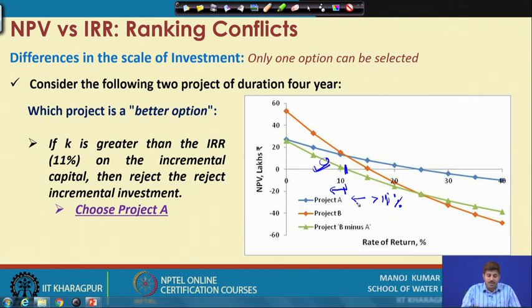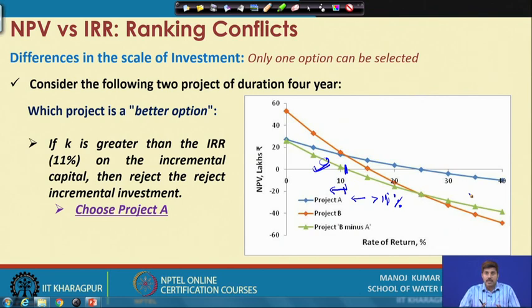So, beyond this point, I should not choose project B; rather, I should choose project A, because whatever incremental investment I am making is giving me a negative rate of return.